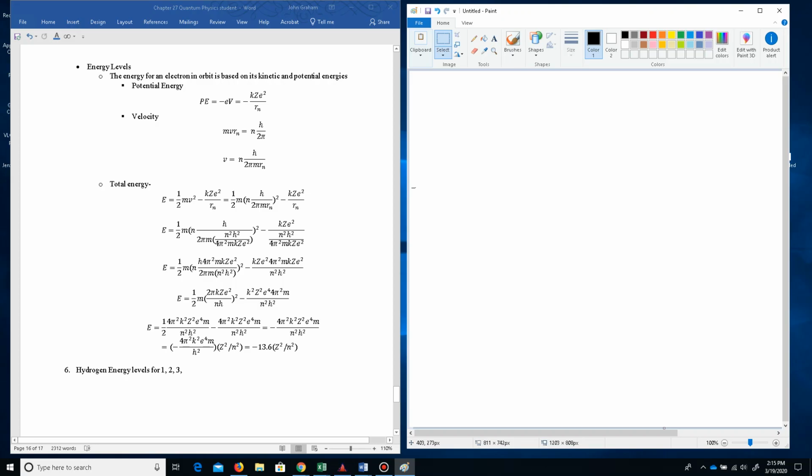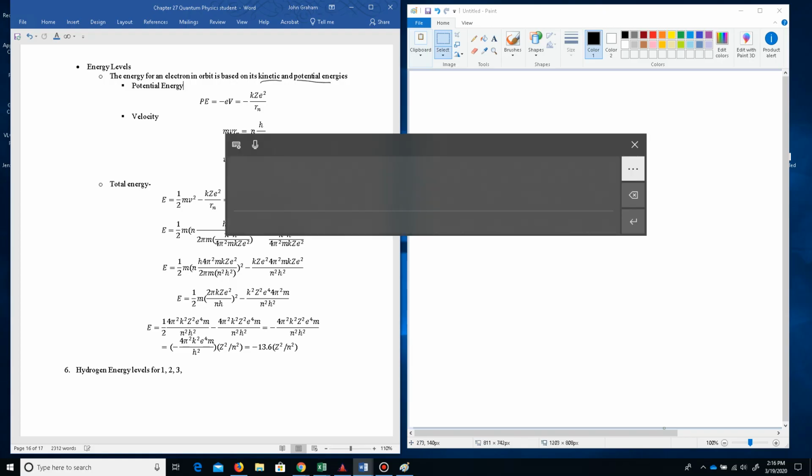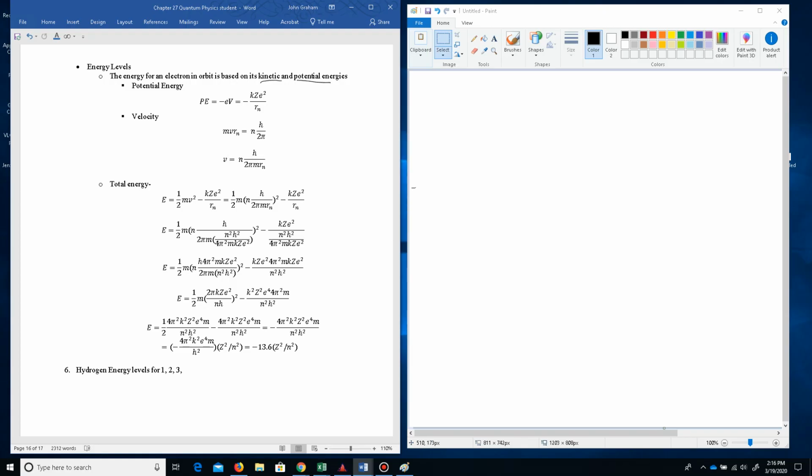So if we look at the energy level for an electron that's in orbit, it's going to have kinetic and it's going to have potential. Your potential is going to be equal to a negative electron charge times the potential difference, which is equal to negative k Z e squared over the radius.